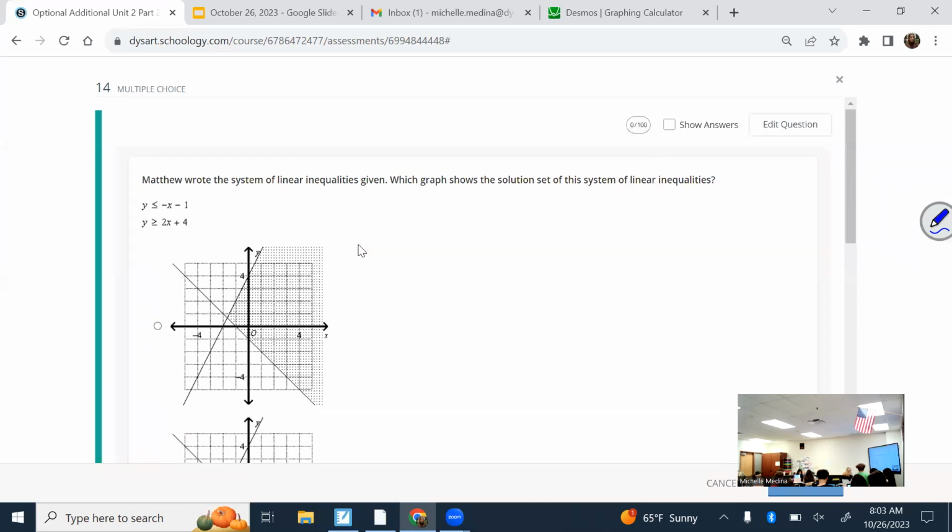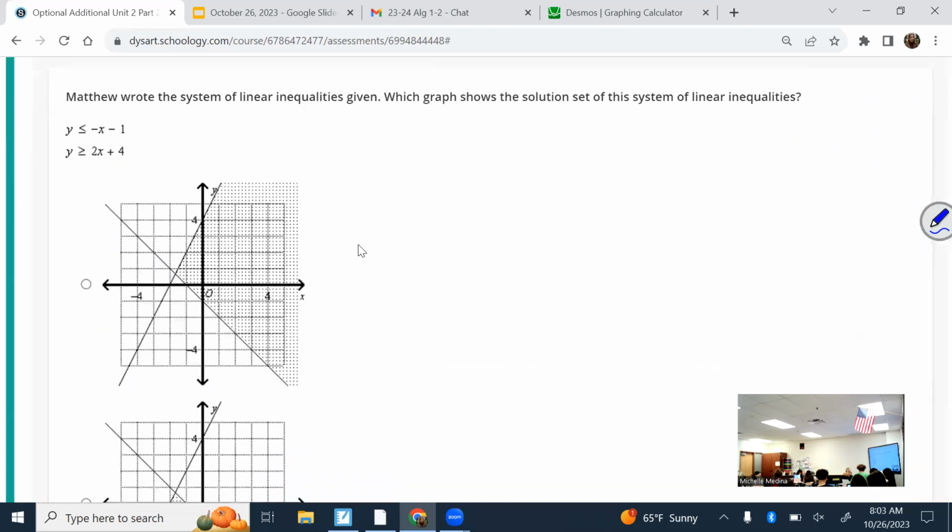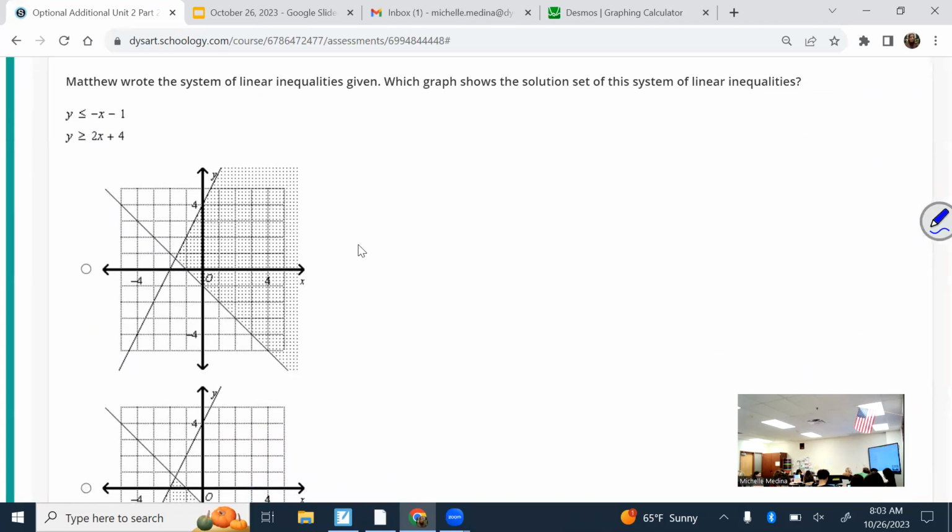Okay. So Matthew wrote the system of linear inequalities given, which graph shows the solution set of the system of linear inequalities. So it's not showing all the shading. It's just showing where it overlaps, right? Because remember, for it to be a solution to the system, it's the overlapping shaded area.